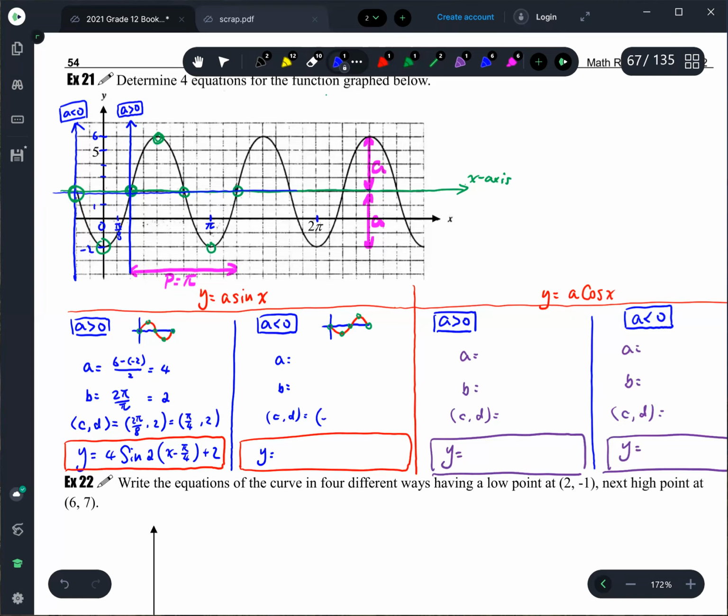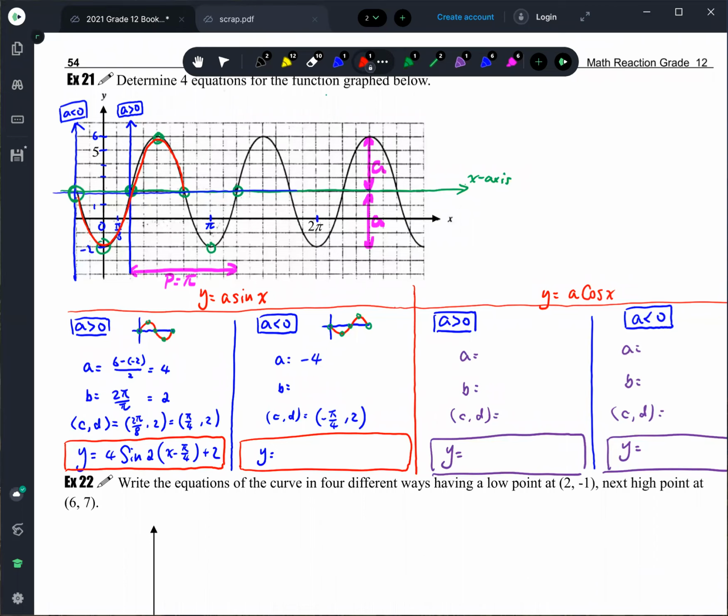Negative pi over 8, so negative pi over 4. 2 is still the same. A is still the same, but should be negative because it's a reflection. Because our graph, instead of going up, will go down, go up, go up, go down. We're looking at a different section. You're starting at a different place, but at the end, you still get the same graph. And then B is still the same.